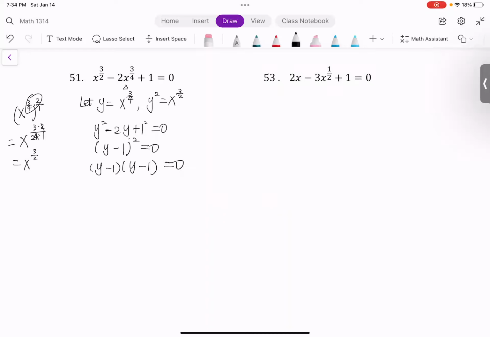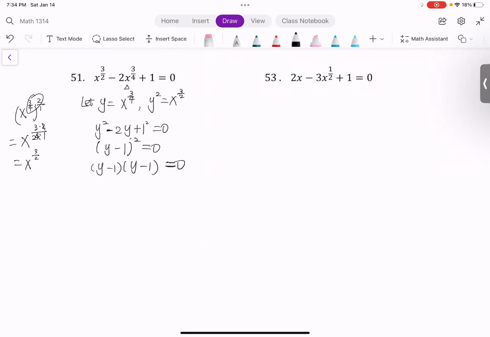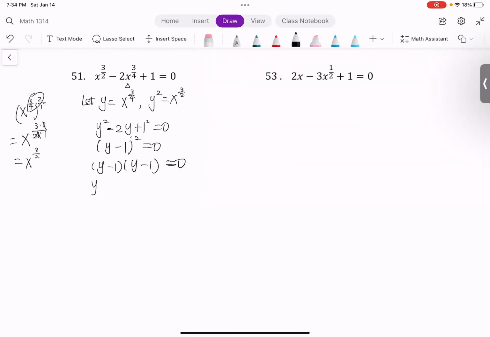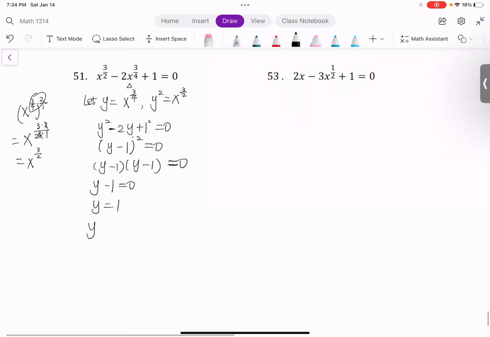So 2 factors equals 0. And the factors, they are the same. You can also only solve for one equation. Y minus 1 equals 0. So y equals 1. And we know y equals x to the 3/4. So x to the 3/4 equals 1.